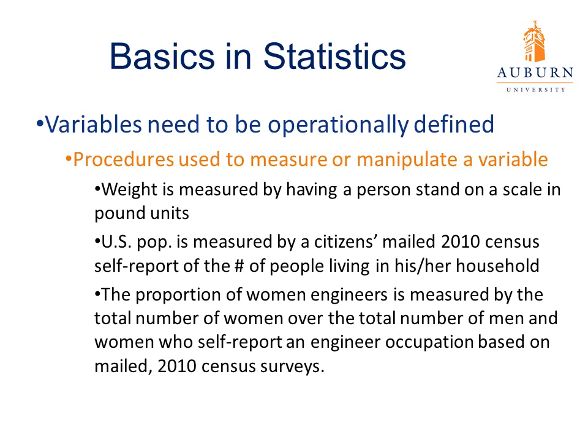Alright, so another operational definition might be that the U.S. population is measured by a citizen's mailed 2010 Census self-report of the number of people living in his or her household. And so if I'm looking at census data, I want to know, well, how was this information gathered? There's several ways to gather census information.